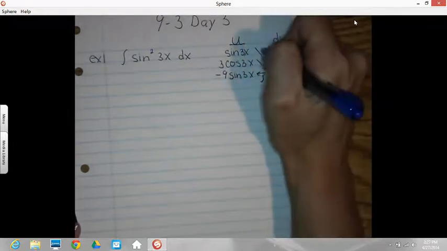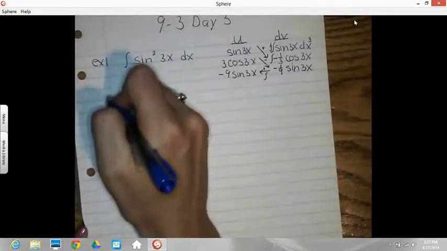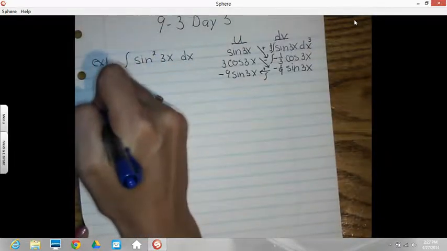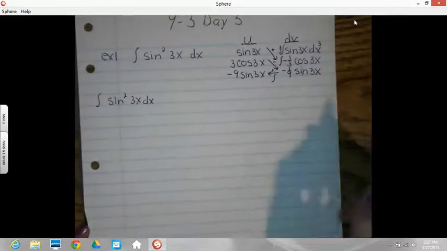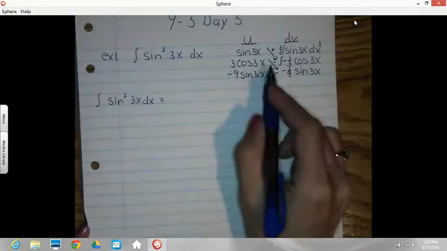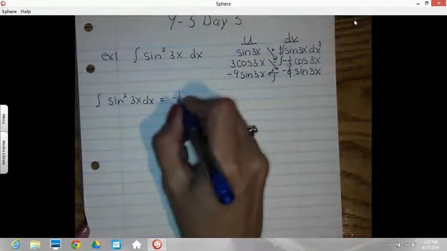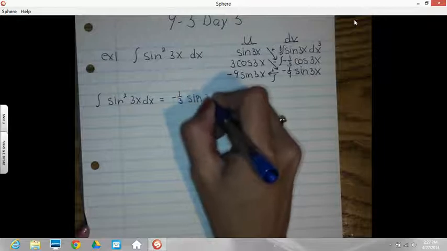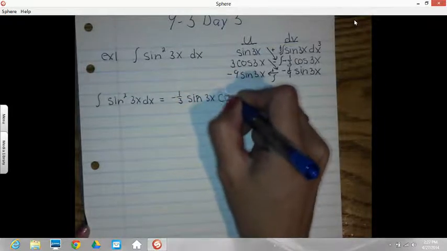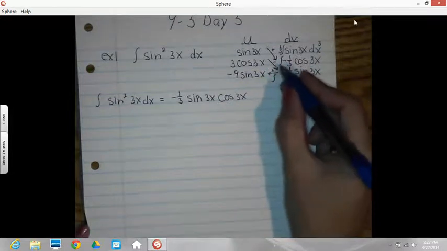Okay, so it's multiply, multiply, integrate. So plus, minus, plus. So writing this down, the integral of sine squared 3x dx using integration by parts is equal to this cross, which is going to be a negative 1/3 sine 3x cosine 3x. The next one, multiplying negative times the negative, 3 times the 1/9.